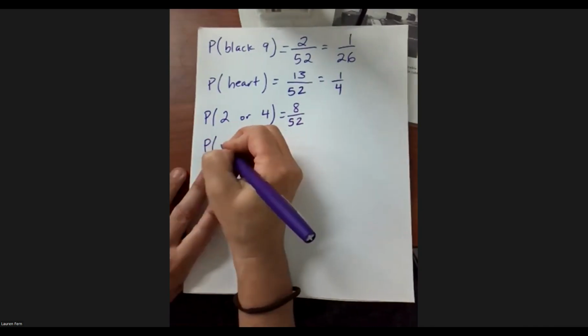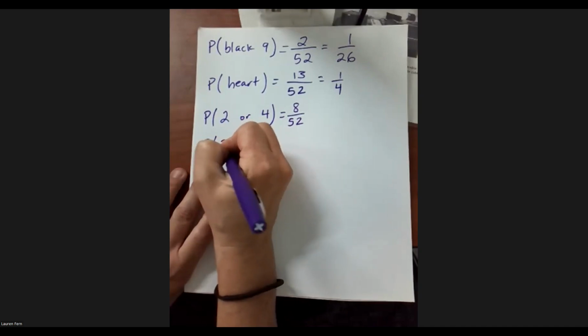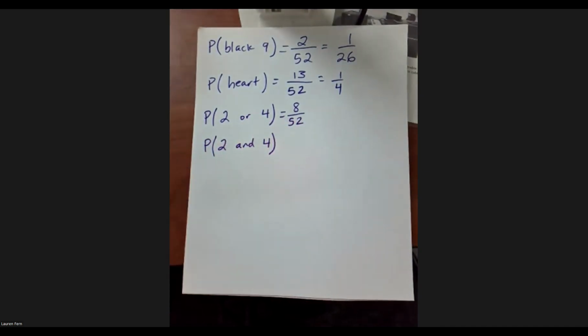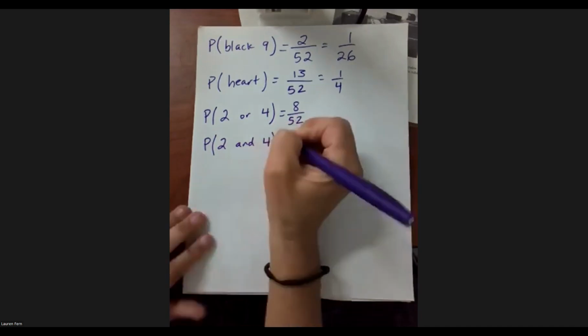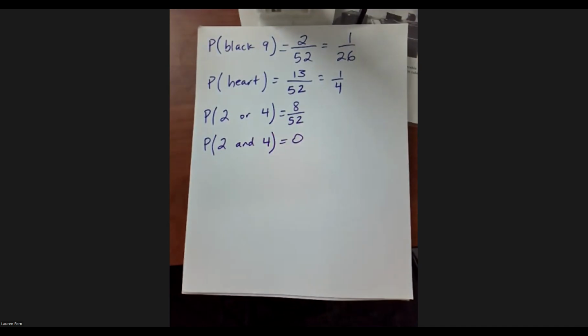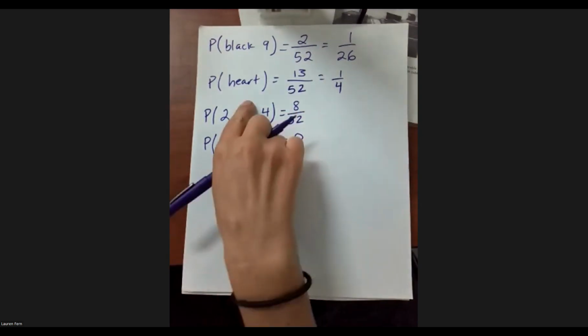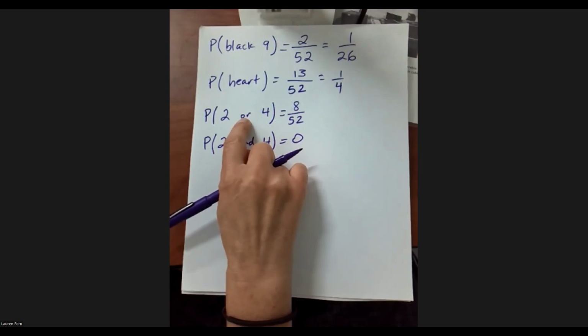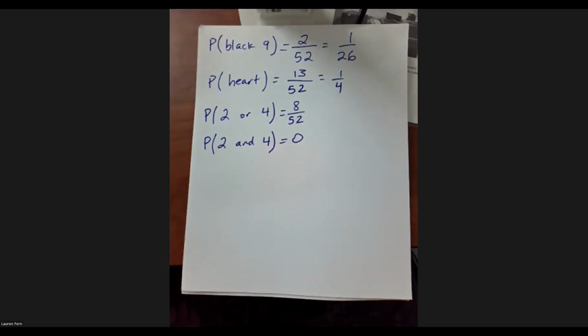Now, what if I said, what is the probability of drawing a 2 and a 4? We're only picking one card. 0. There are no cards that are both 2s and 4s. Again, I'm only doing this example to contrast and to remind you of the differences between the words or and and.